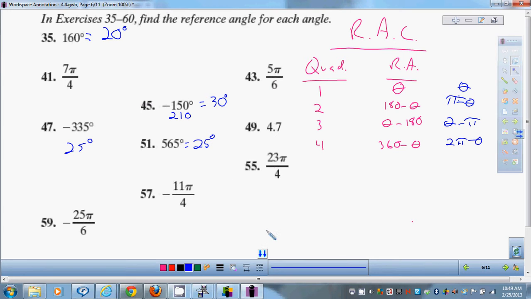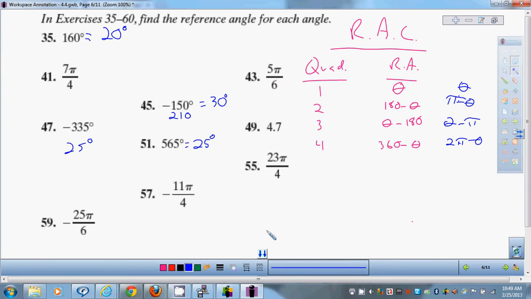I'm kind of confused on where you get this from to get to the reference angle. Okay. Well, 35, does that one make sense? It gives you the angle, right? So 160 on the unit circle is right here.